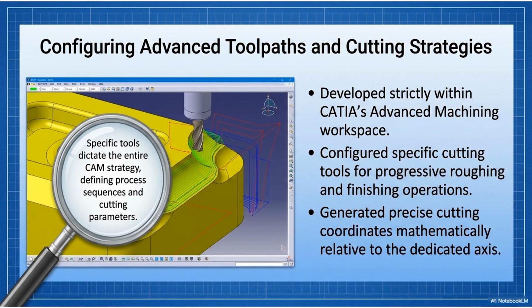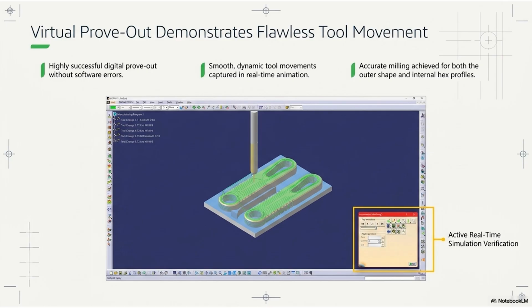Thank you, Afif. Our virtual process demonstrated flawless tool movement. The digital simulation was highly successful and completed without software errors. Through real-time animation, we confirmed that smooth, dynamic tool movement achieved accurate milling for both the outer tool shape and the internal hex profile.